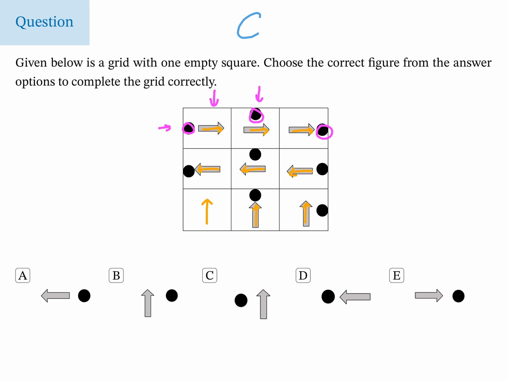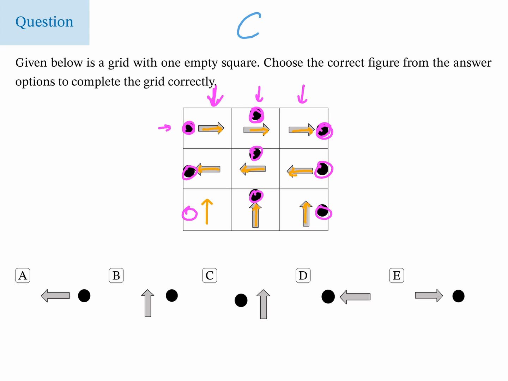Because down, let's say, the second column, the circle is always above whichever arrow is in that box with it. Same in this column. The circle is to the right, always, of the arrow that is in the same box as it. Which means that in the first column, we expect there to be a circle to the left of the arrow here. And of course, the color of the circle doesn't actually change.